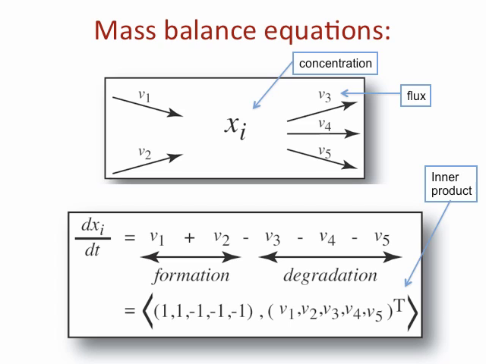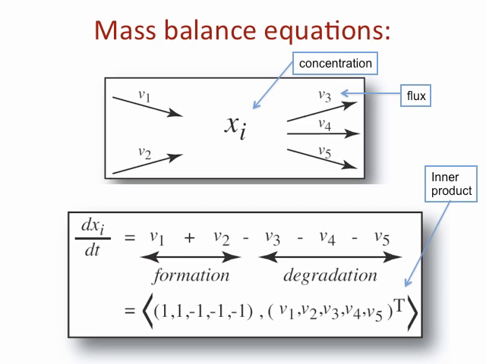We are going to use quite a bit of linear algebra in this course, so I want to point out that this summation of these fluxes in and out of a node can be represented as an inner product of two vectors. These are shown at the very bottom of the slide.